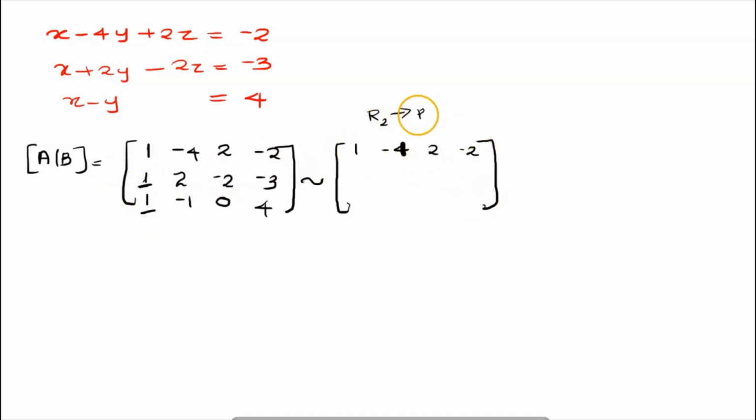R2 changes to R2 minus R1 and R3 changes to R3 minus R1. This is 0. 2 minus -4, that is 6. -2 minus 2, that is -4. -3 minus -2, that is -3 plus 2, -1. Now this is 0. -1 plus 4 is 3. -2, this is 6.